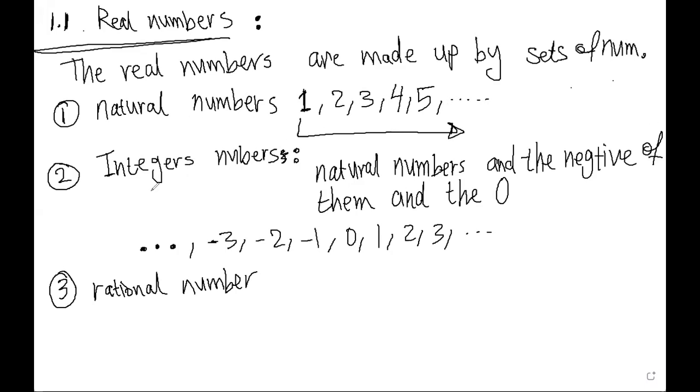Then we go to the integer numbers, which are the natural numbers, the negatives of them, and 0.